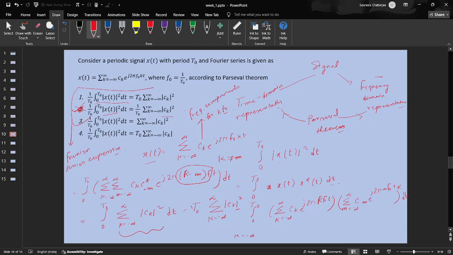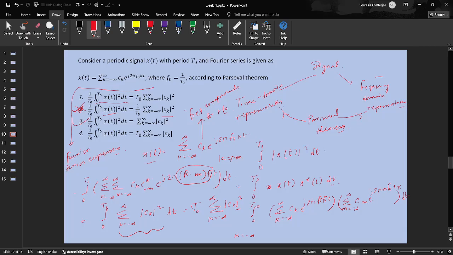It's saying the signal is equivalent in time and frequency domain: for the same signal, you compute power in the time domain, and you can observe the same when you take the square of the spectral components and sum them, so the power remains constant no matter whether you represent the signal in time or frequency domain.